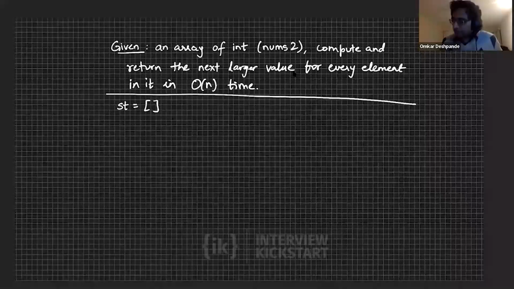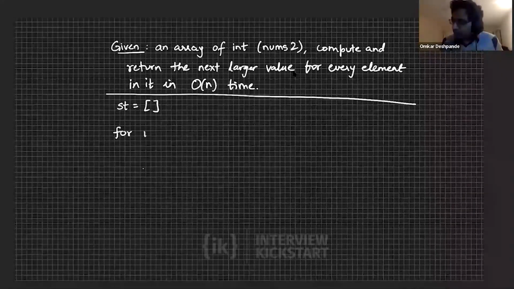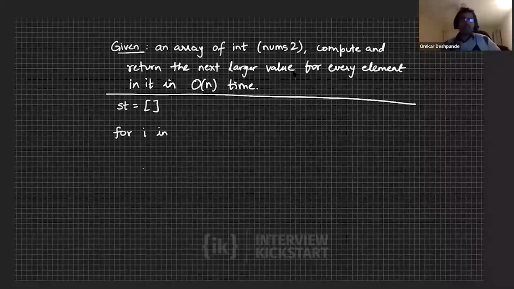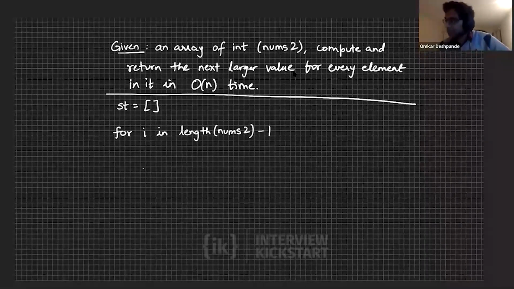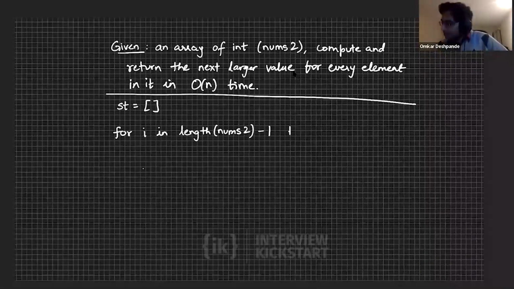So we are going to have a for loop going from right to left instead of left to right. n here is the length of the array we are given, so I'm just going to write it as length of nums2 minus 1. That's the starting index, n minus 1, down to 0.